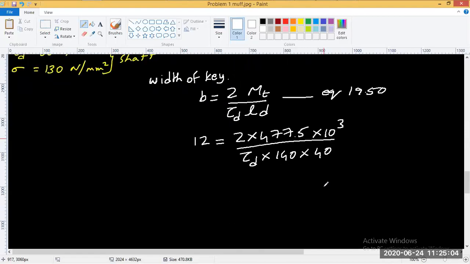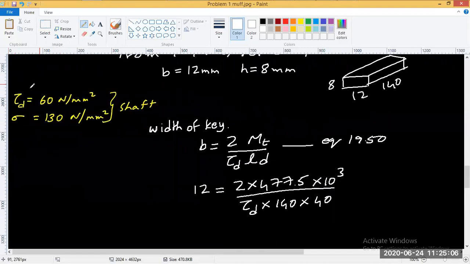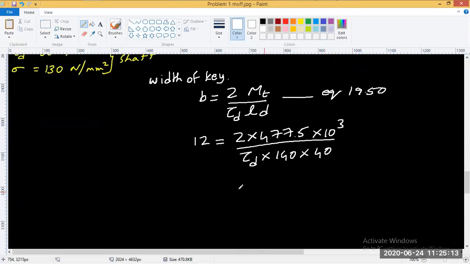Tau d is the unknown, which must lie within these limits. These are allowable stresses, so we just need to check whether it is coming within the allowable limits or not. Let's find out the value: tau d equals 2 into 477.5 into 10 power 3 divided by 140 into 40.